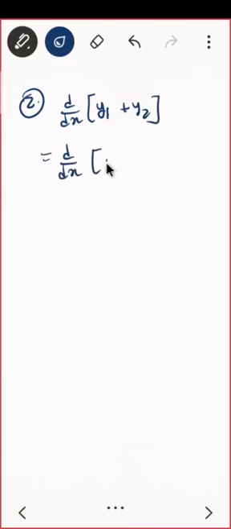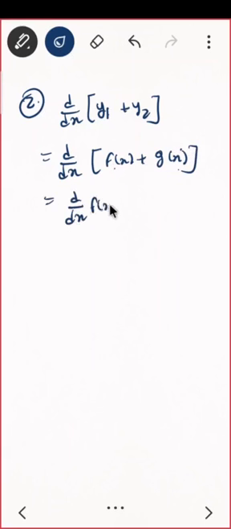Whenever you want to find the derivative of the addition of two functions, say y1 plus y2, or I can also write it like this, the derivative of say f of x plus g of x, correct? When you have two functions of x, then you can take the derivative individually, that is the derivative of f of x plus the derivative of g of x. This is also acceptable. I will give an example.